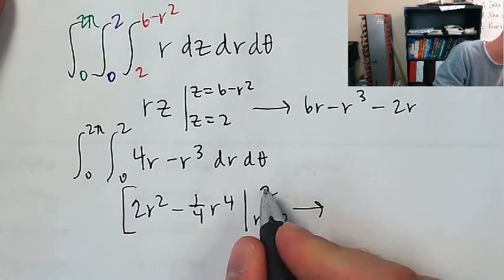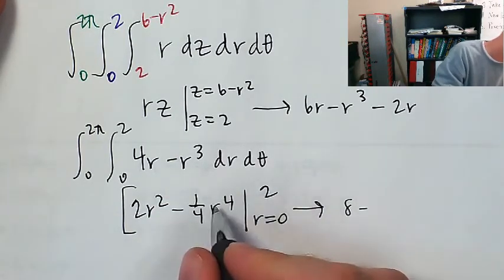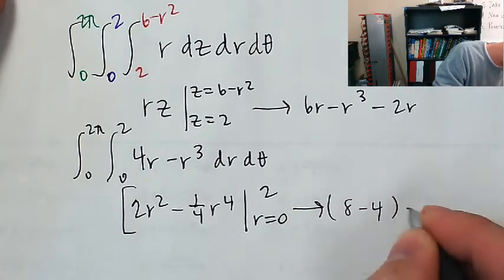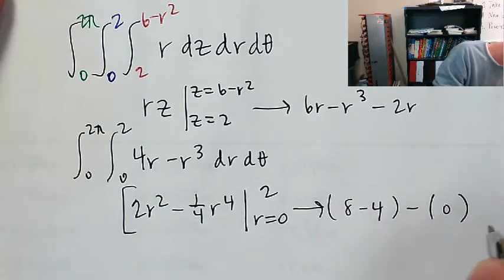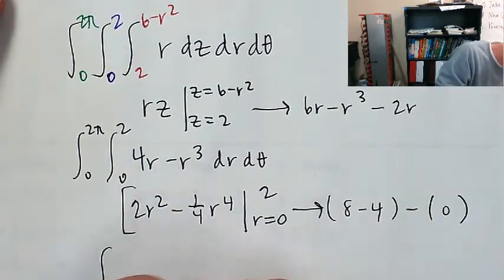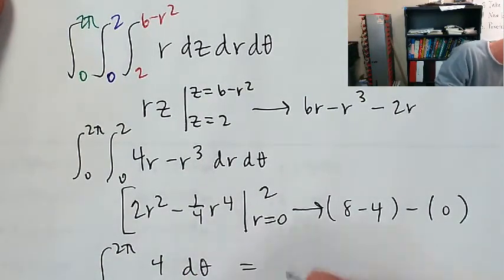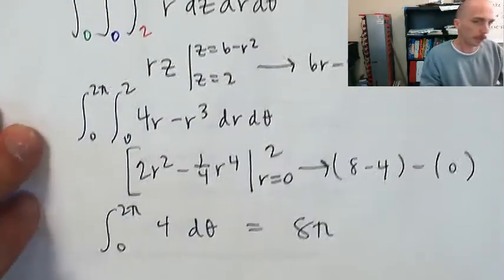That's going to be when r is equal to 2, I've got 2 times 4 is 8 minus 1/4 of 16. And then when I plug in r equals 0, I'll just get 2 zeros. And so that's 4. And that's going to equal 8 pi. Okay, so that was number 1.